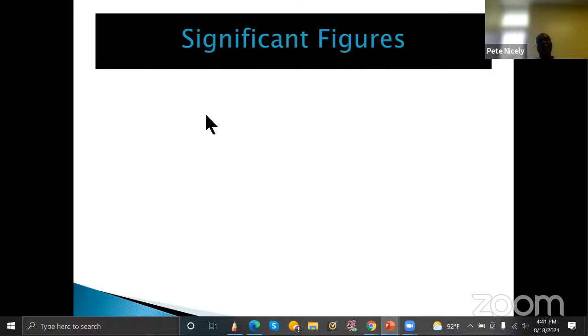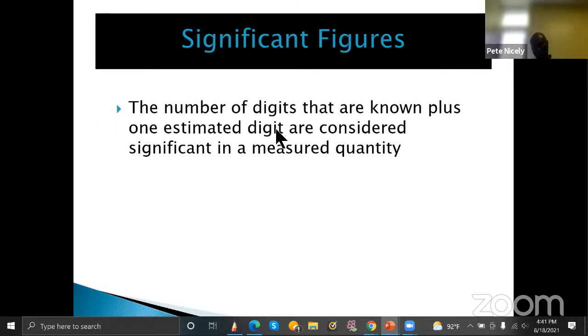So the way we indicate or reflect the level of uncertainty in a measured value is that we determine the number of significant figures represented in a measured value. So here's the definition of the term significant figures.